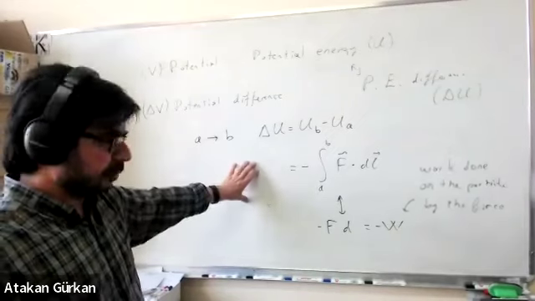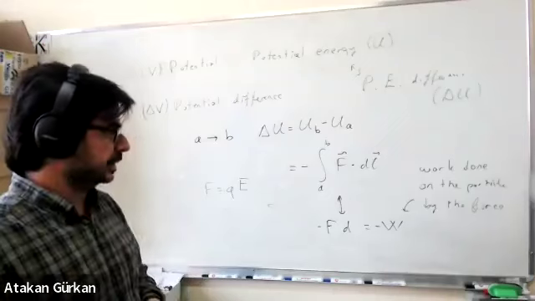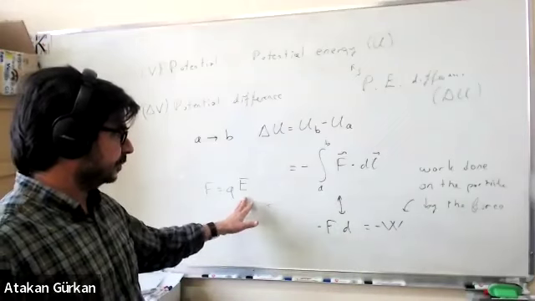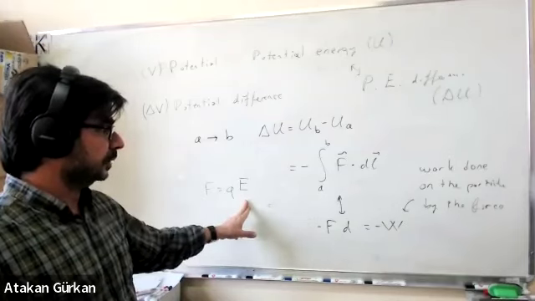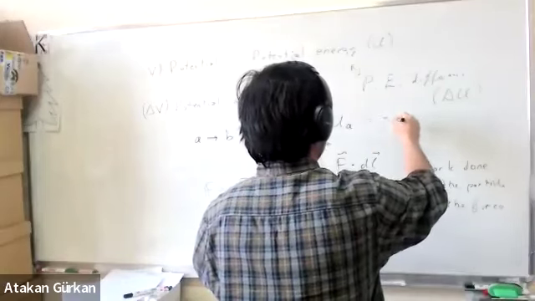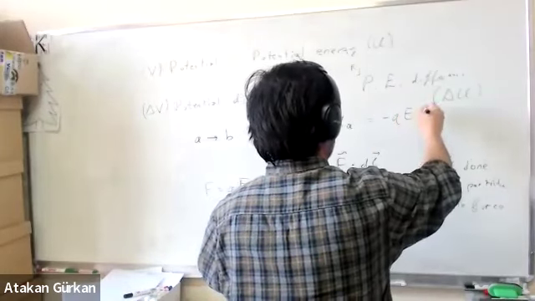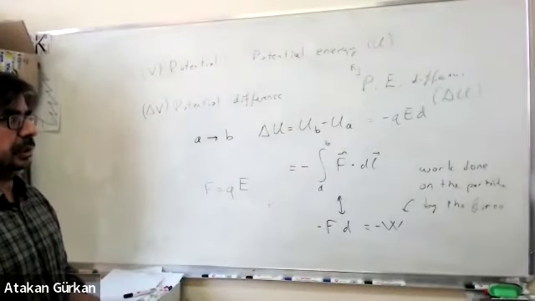So fields are a little bit more fundamental for practical reasons as well as for deep physical reasons, but we want to express this in terms of electric field. So what we do is that instead of writing it like this, we divide things out by the charge.